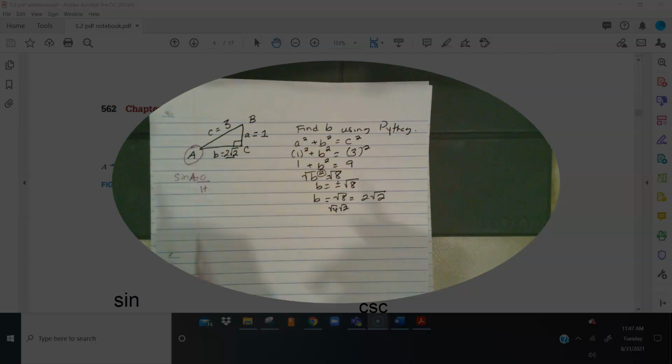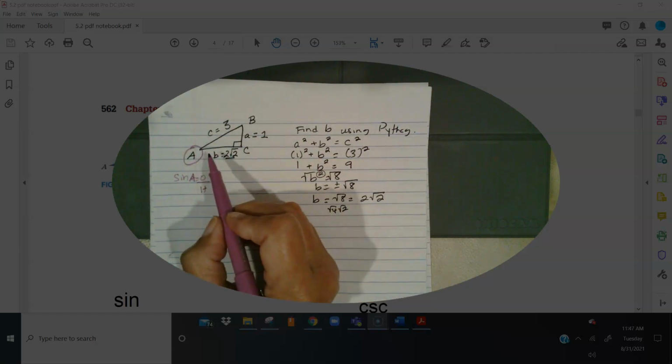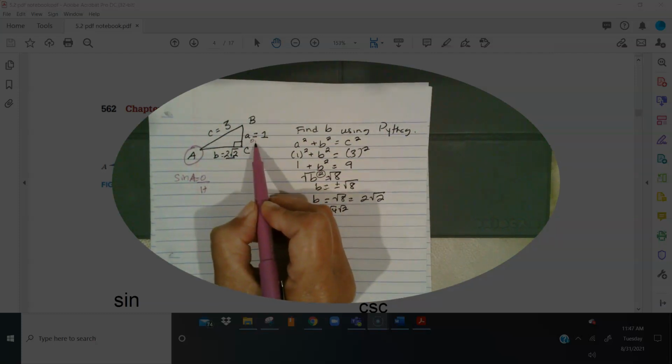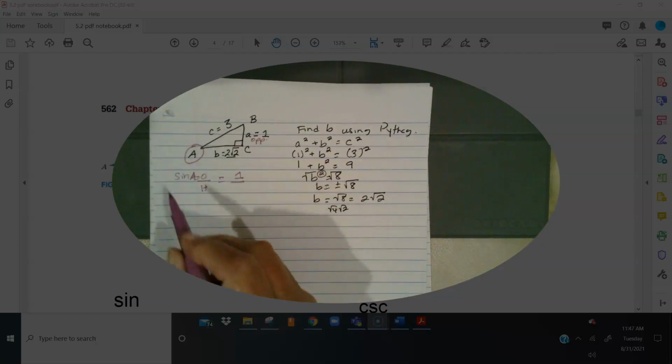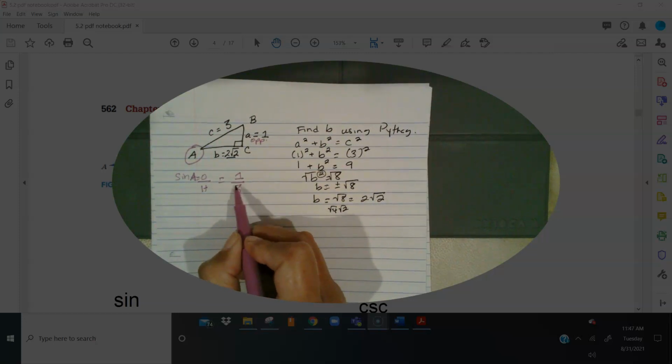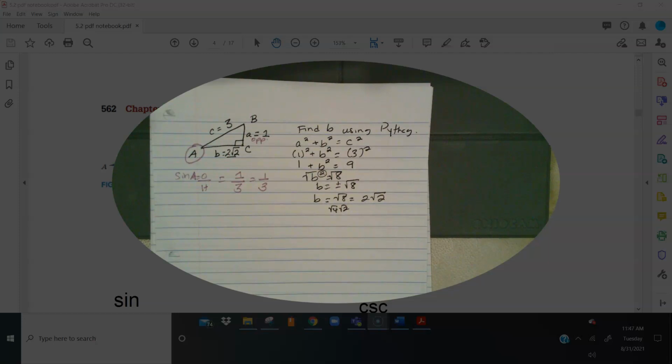So I circle A, and then everything that I do with this triangle now for sine is referring to angle A. So I need to know the side opposite angle A as well as the hypotenuse for the triangle ABC. The opposite side is 1. The hypotenuse for this triangle is 3. Therefore, the sine of A has a ratio of 1/3.